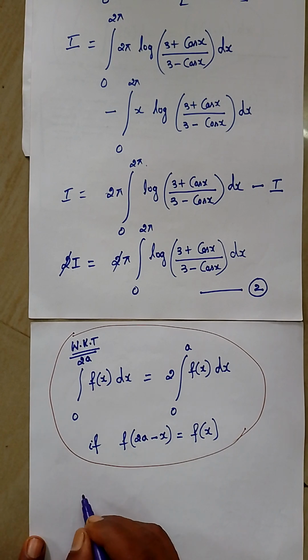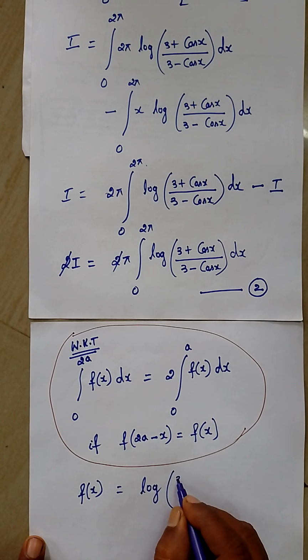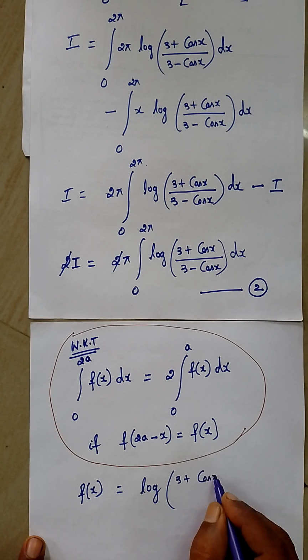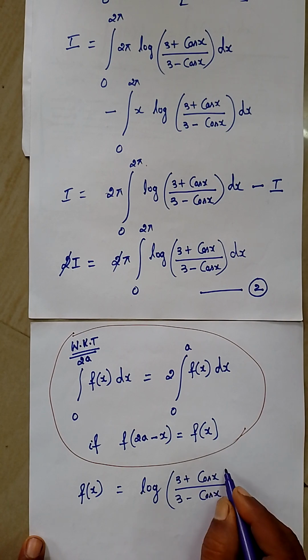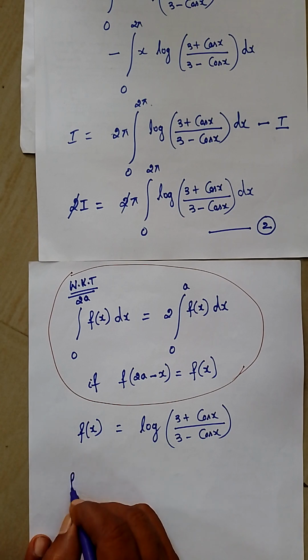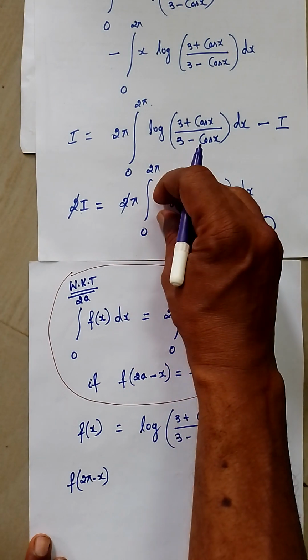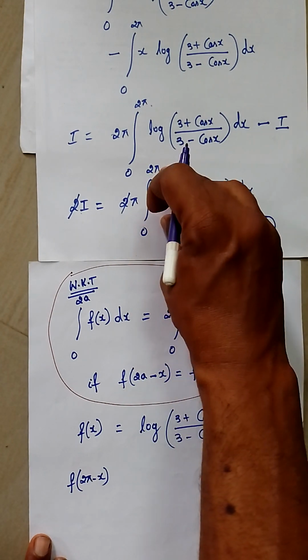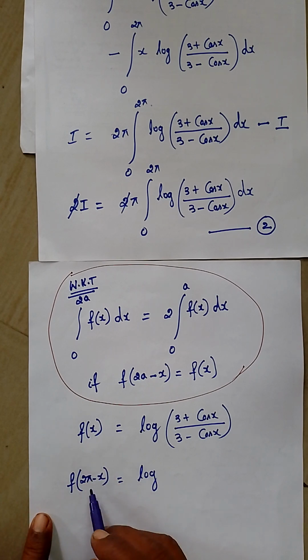For that, first we will write down f(x) is equal to log((3 + cos x)/(3 − cos x)). Now we have written f(x). We must verify for f(2π − x), because here the upper limit is 2π. So f(2π − x) is equal to log, wherever you see x, it has to be replaced by 2π − x.